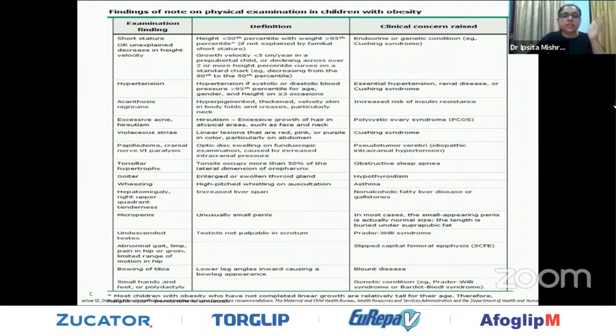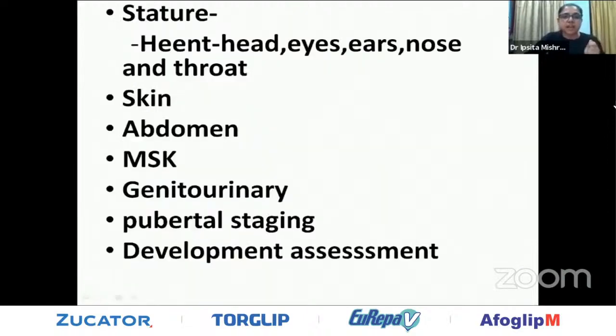Look again for the clinical clinchers or stigmas of the genetic causes, syndromic causes or the endocrine causes. So as discussed earlier, the stature or the height velocity, features of insulin resistance in the form of acanthosis and acne, and importantly, if you're dealing with a syndromic cause, probably the child has micropenis or undescended testes, and gait abnormalities must be evaluated for.